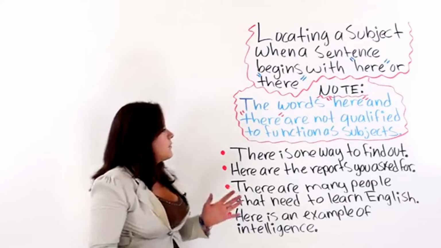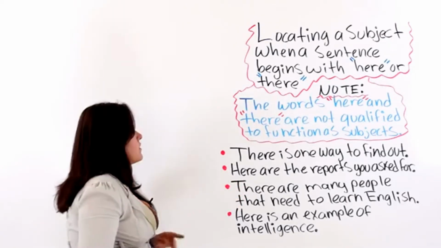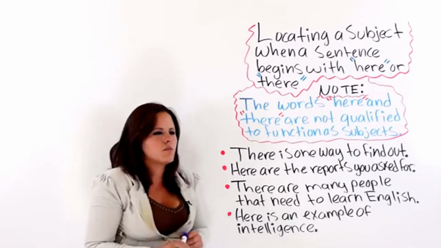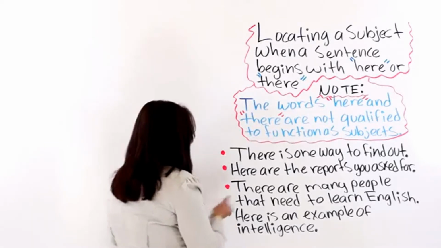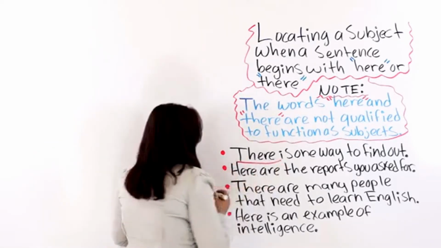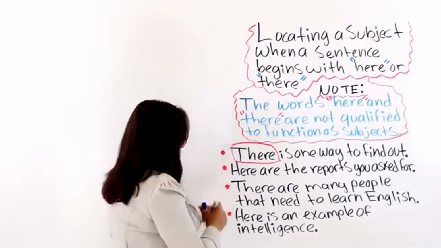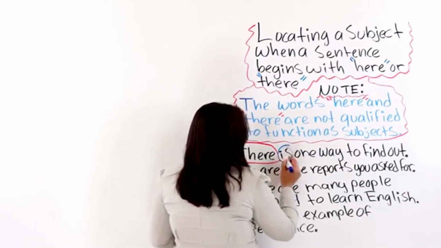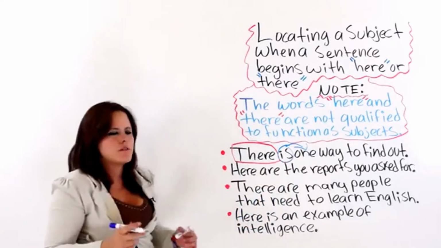Okay? For example, the first sentence here says, there is one way to find out. There is one way to find out. We know that this here is not the subject. So we look at the words that come after the verb.